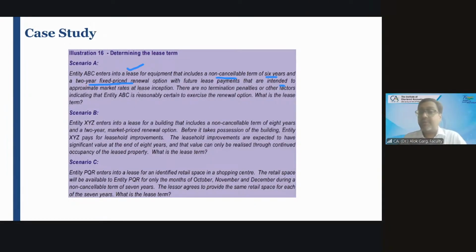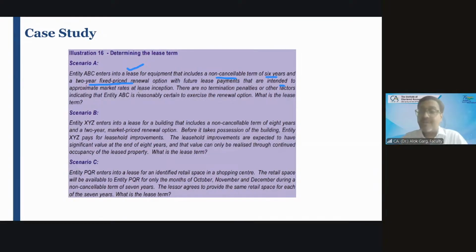Number two, in the question, it is written that there are no termination penalties. If the lessee wants to move, no penalty. Number three, it also says that there are no other factors which indicate that this entity is reasonably certain to exercise the renewal option.